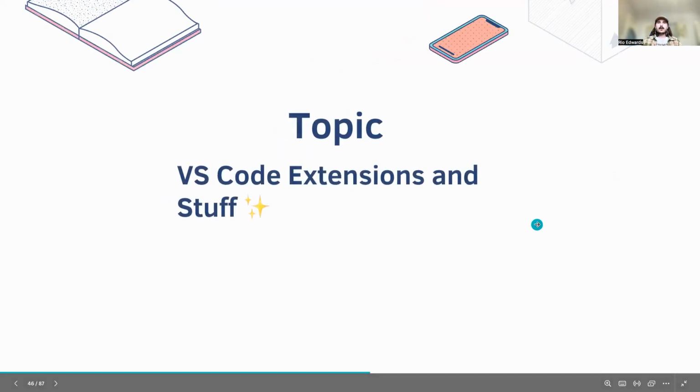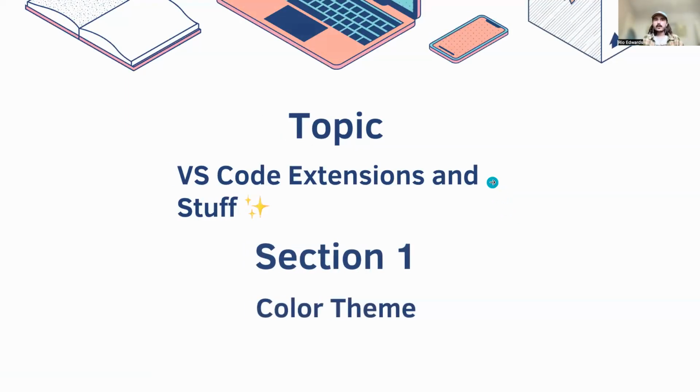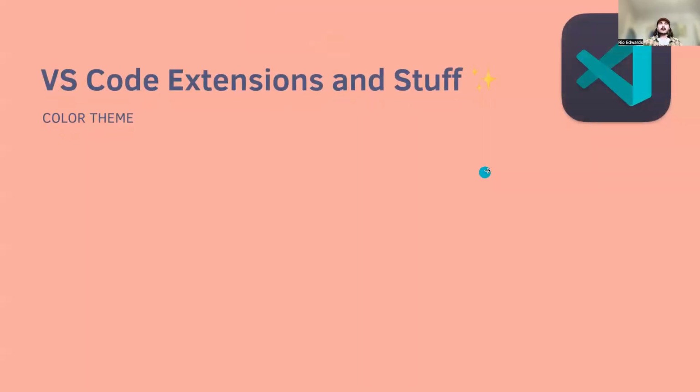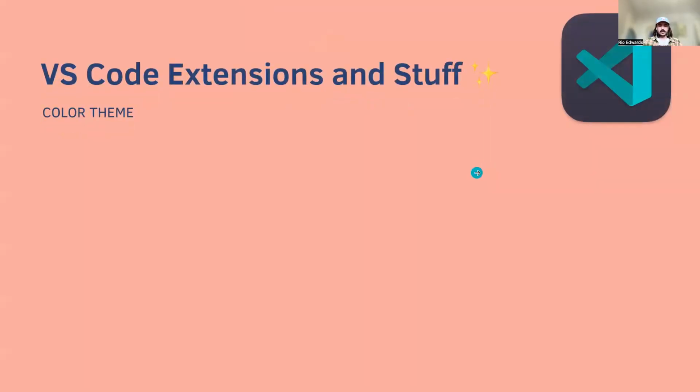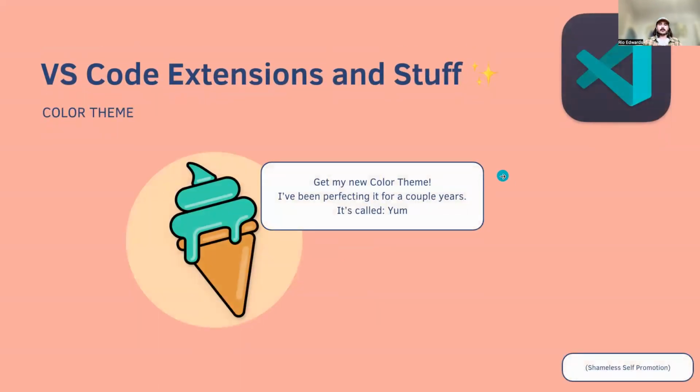Okay, the good stuff, VS Code. So first we're going to talk about the color theme. I'm using a dark color theme, and it is my color theme. I made it, and I just released it out into the world, and it's available for download.